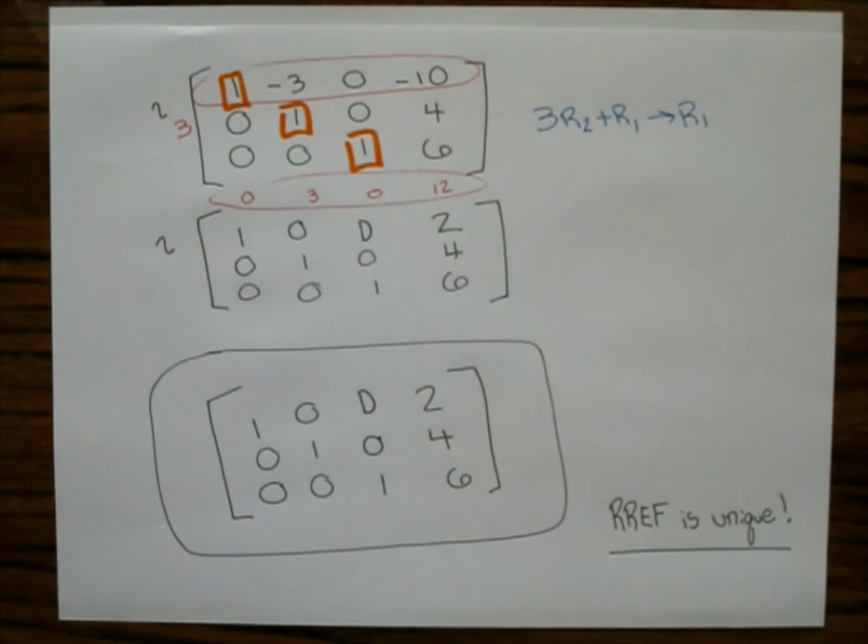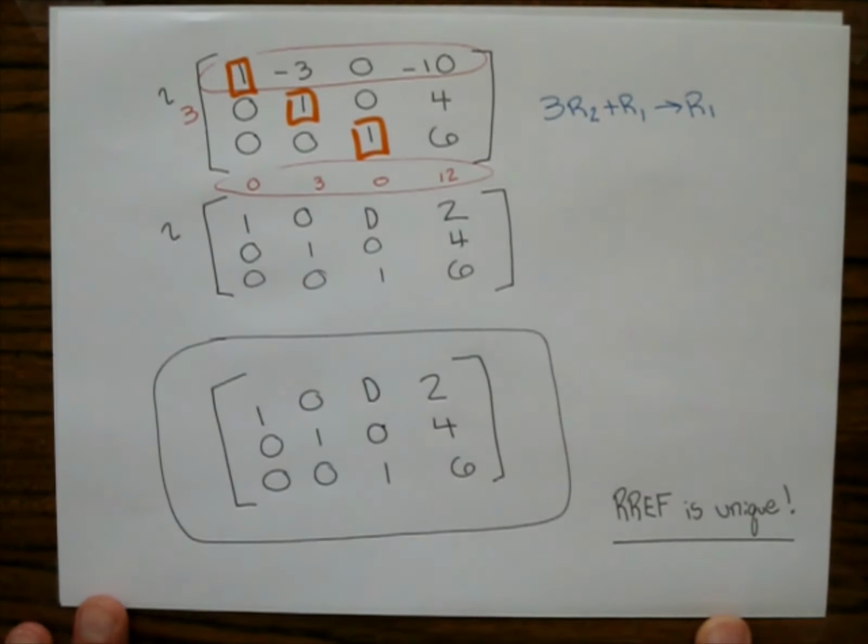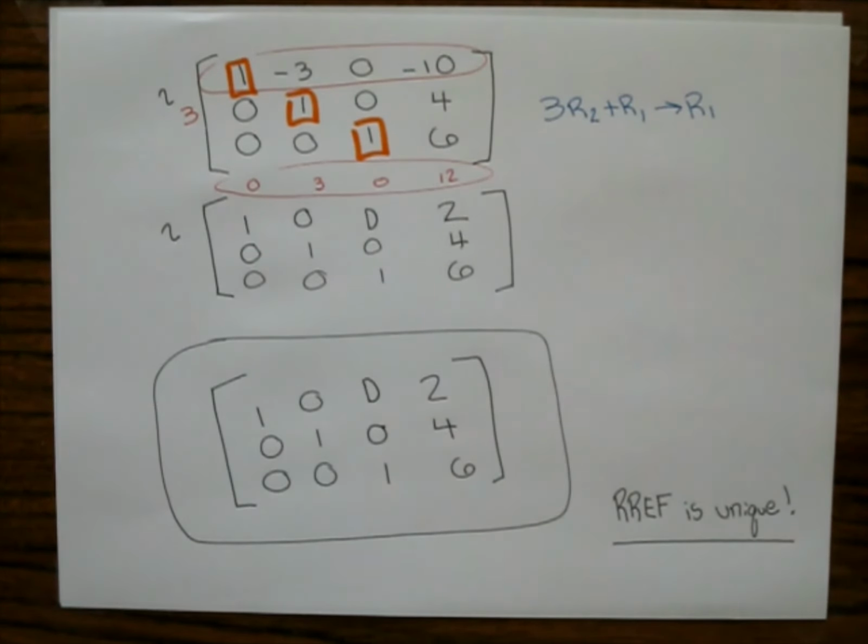So that means if you are doing your homework and they ask for row echelon form, you could take your answer and the book's answer and keep going and turn them both into RREF, and you should get a complete match on that. And if not, then something went wrong.